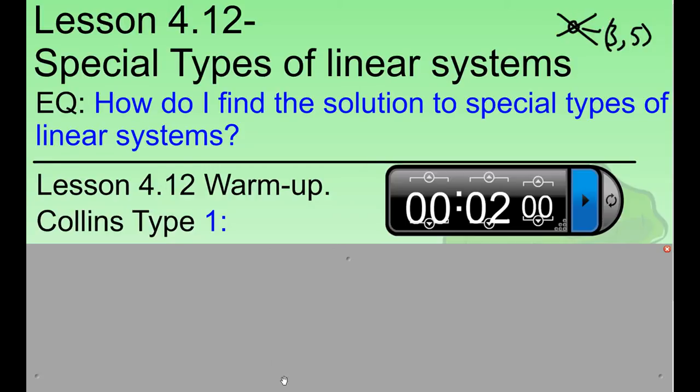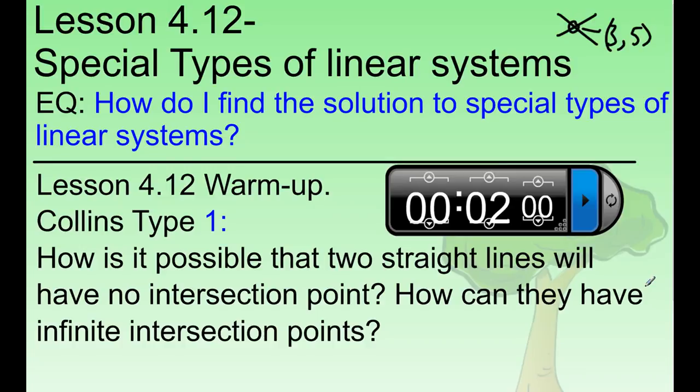For our warm-up, we have a type 1. How is it possible that two straight lines will have no intersection point? And how can they have infinite intersection points? Think about that. How could you draw two straight lines on your paper where they would never intersect?